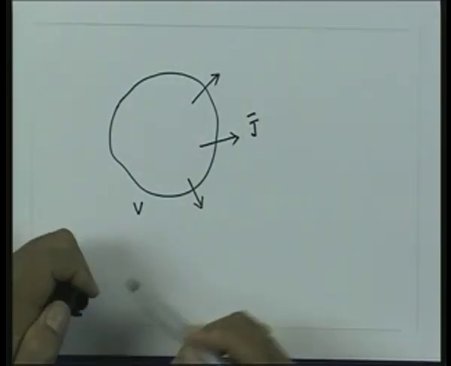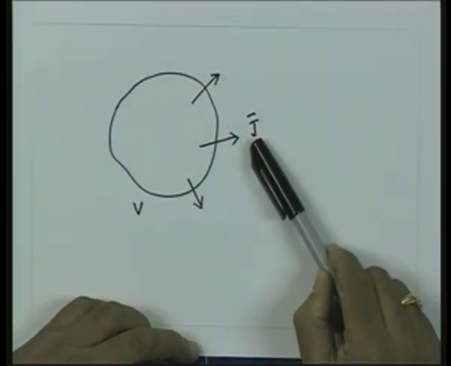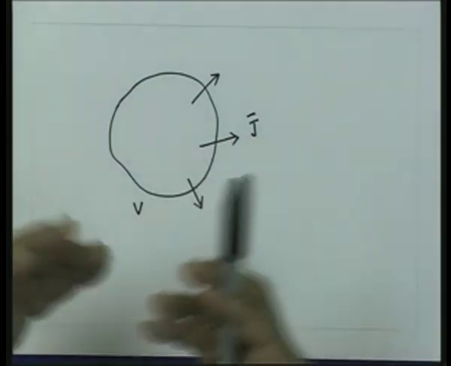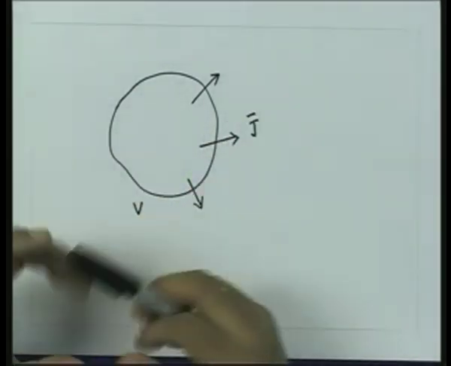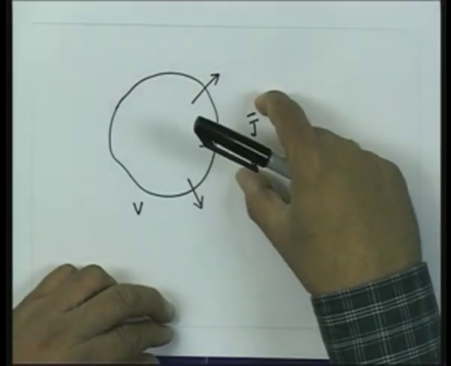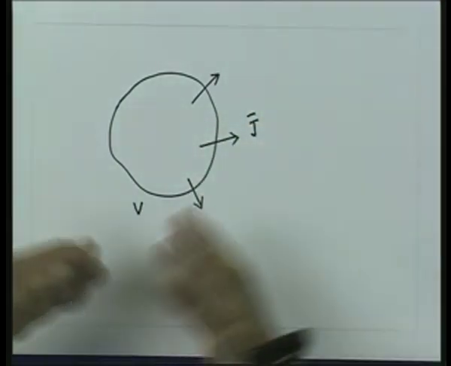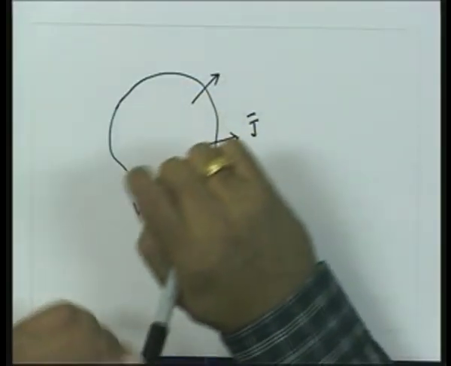Then, as we saw from the concept of divergence, if we take this vector field J, the divergence of J essentially is a net flux coming out of this volume. So, if I just take the divergence of J, that essentially should represent the outflow of this vector field, which is the conduction current density.